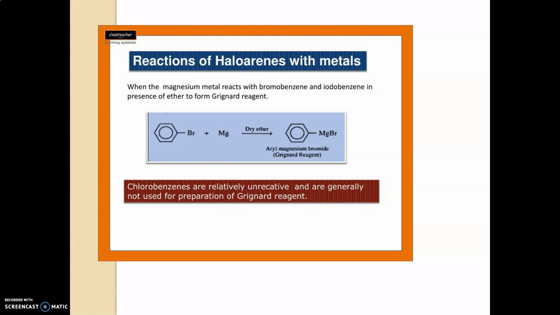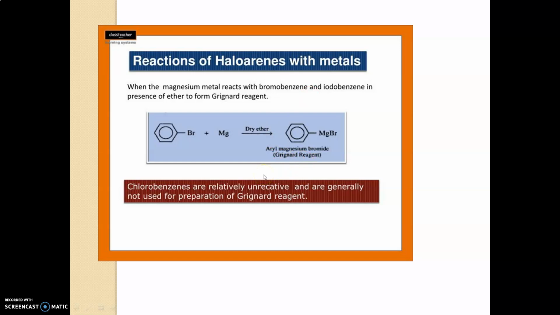Similarly, from aryl compounds also we can make Grignard reagent by direct addition. Here we can see this is aryl bromide, bromobenzene, which is treated with magnesium in the presence of dry ether, we get direct combination to aryl magnesium bromide, which is also a Grignard reagent.